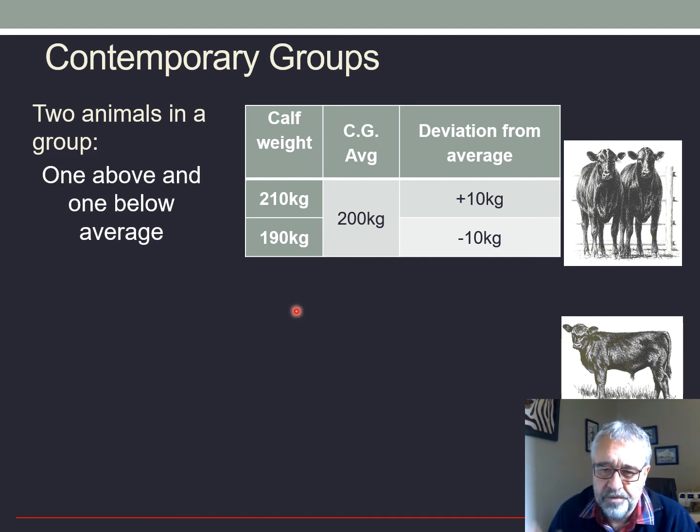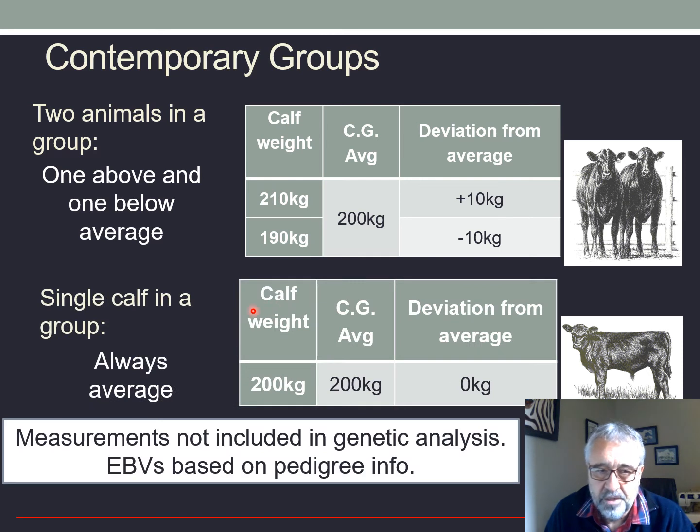You always have to keep in the back of your head that the size of the contemporary group also has a marked influence on the stability and the accuracy of the breeding value prediction. And obviously, if there's only one animal, it will always be on average. What we at Studbook will do is we will not include animals, or the weights or measurements of animals, unless there are 3 or more animals in a contemporary group.